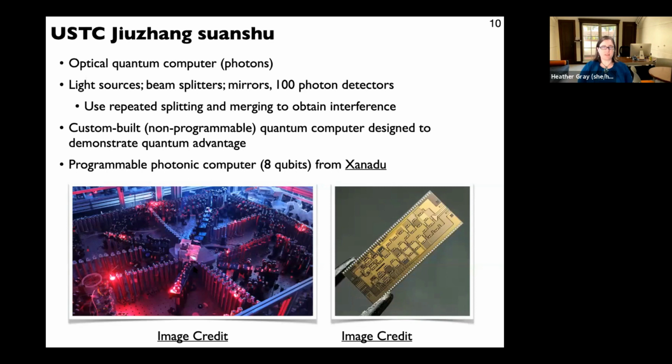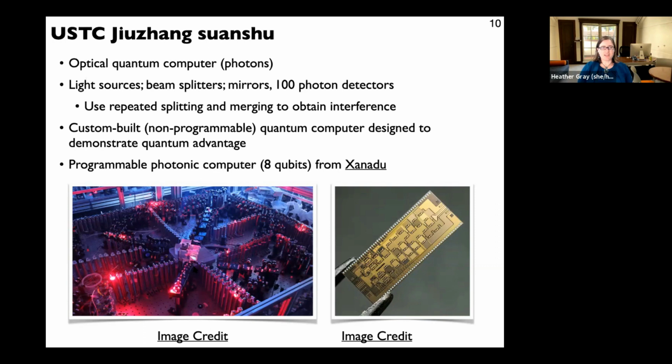Now, this one is quite different in some sense from either Sycamore or the IBM computers. It's a custom-built, non-programmable quantum computer, but it was designed to demonstrate quantum advantage, which it achieved; we'll come back to that later. There are other people making programmable photonic computers.